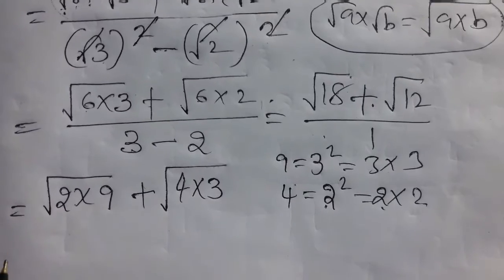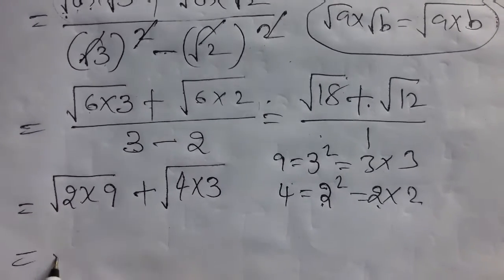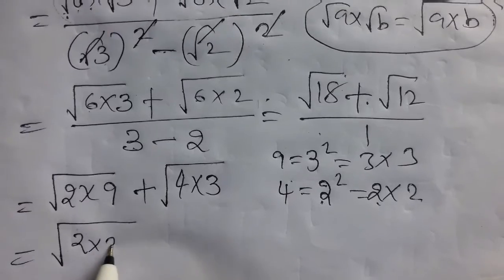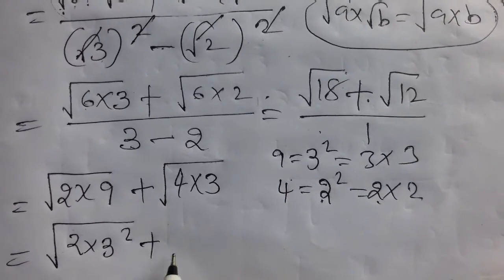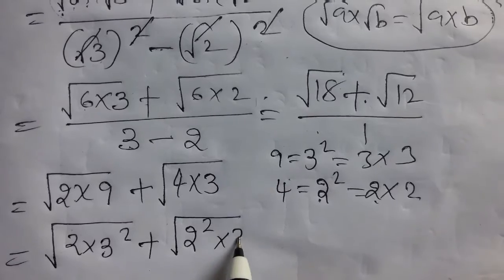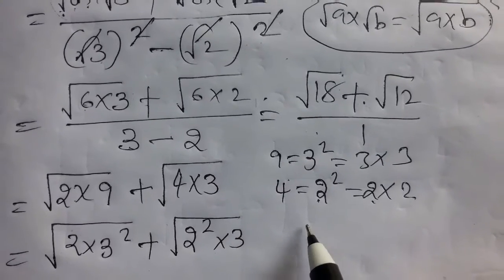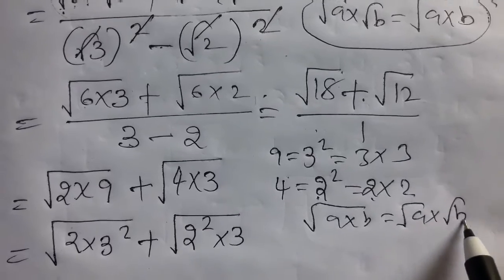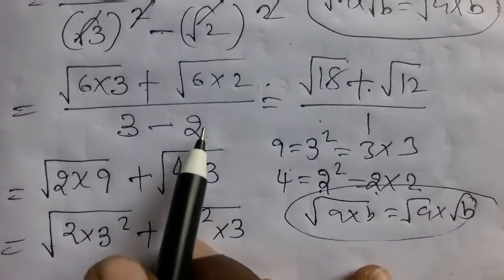So now this is under root 2 into 3 square plus this is under root 2 square into 3. Here which formula is useful? Under root a into b is equals to root a into root b form is useful here.